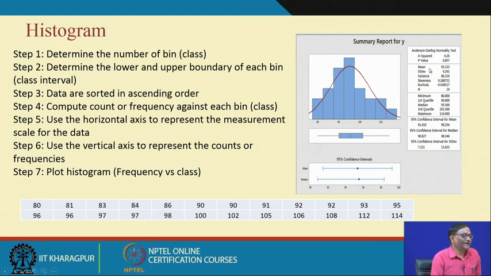Here you see that Minitab has also given mean, standard deviation, variance, skewness, kurtosis. These are other measures of this plot.